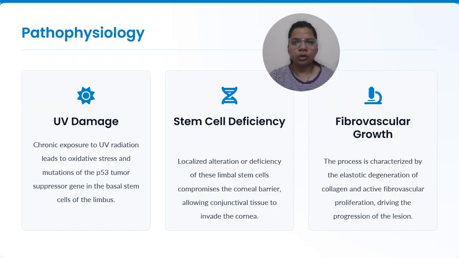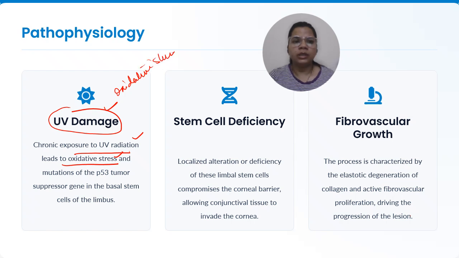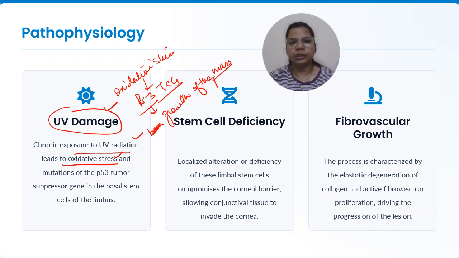So next, coming on to the pathophysiology of the condition. First, there is UV light related damage. Chronic UV exposure leads to oxidative stress, and this oxidative stress leads to p53 tumor suppressor gene mutation, and this mutation leads to growth of the mass, the pterygium.